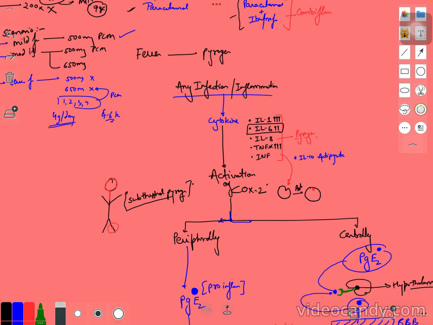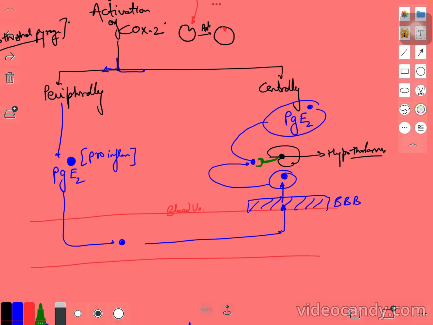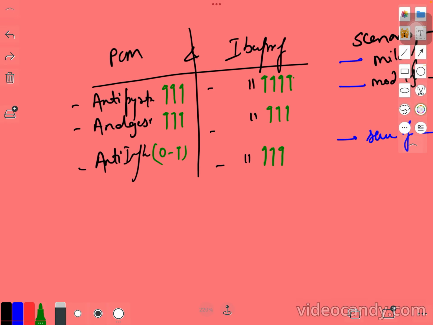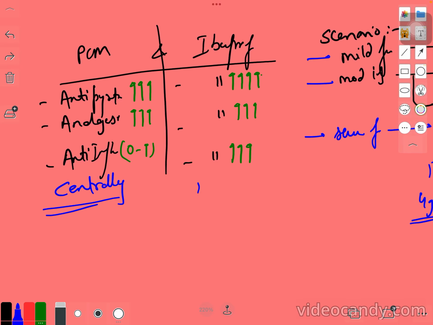Now the thing over here is that paracetamol acts centrally and ibuprofen works peripherally, as well as it's a COX inhibitor, right?